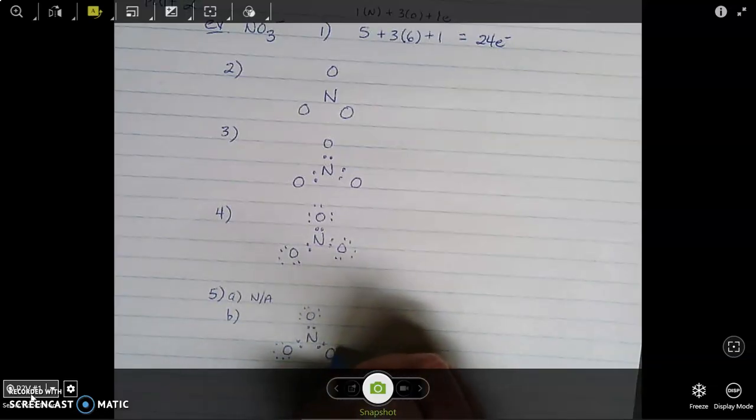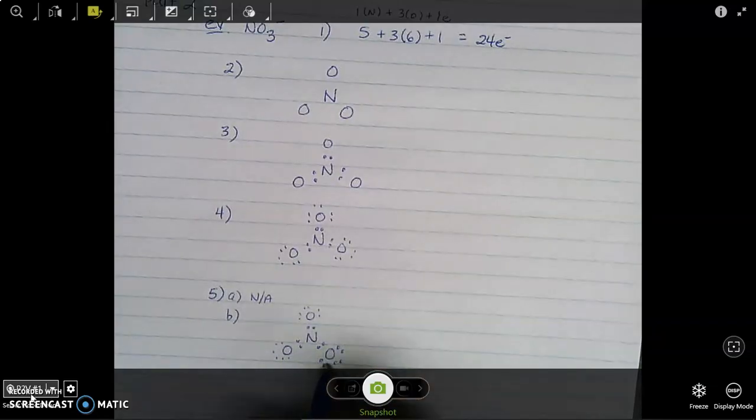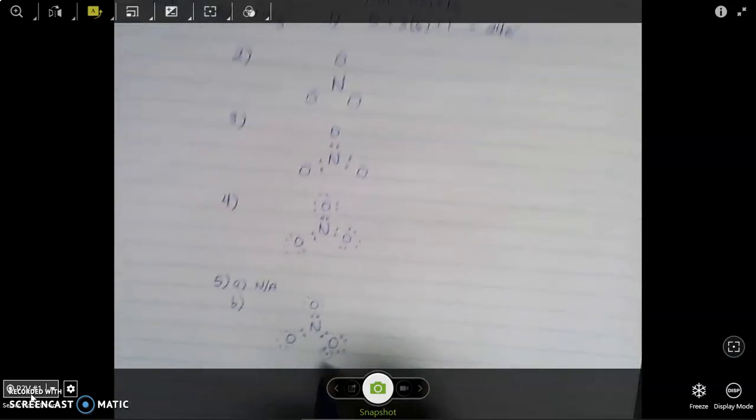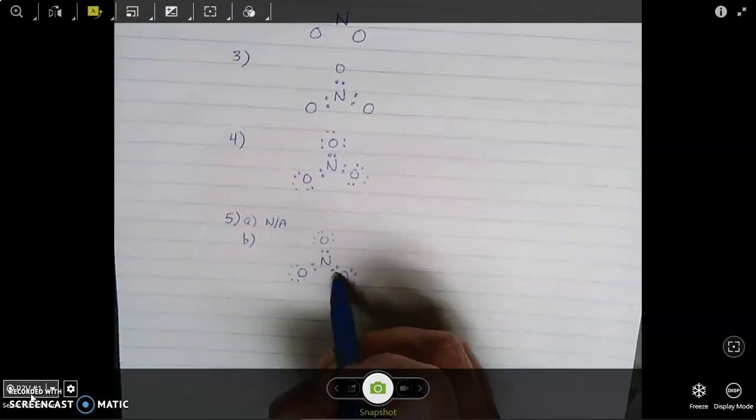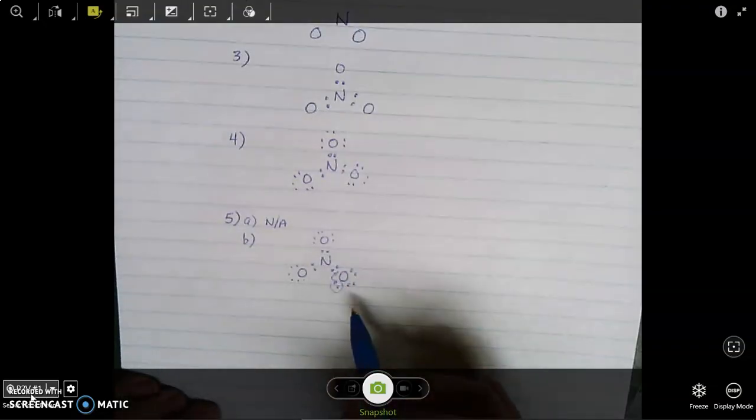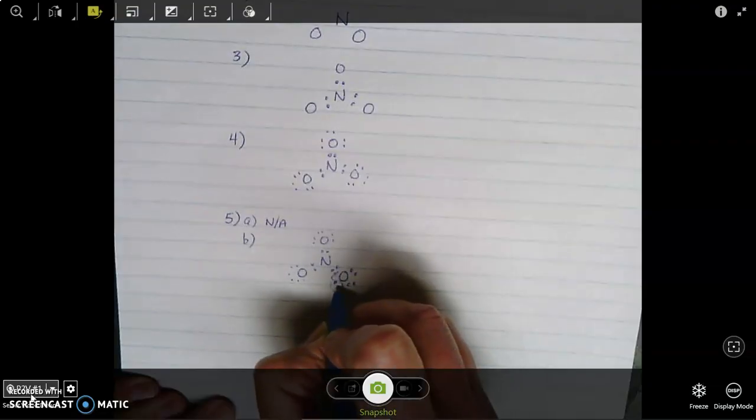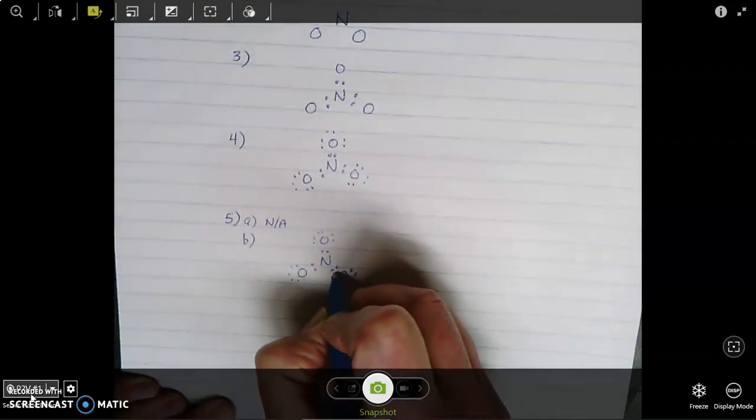And I can pick one of my oxygens and I can say I will move a pair of electrons from this position. I will shift it in between the nitrogen and the oxygen, and in so doing I will form a double bond. Okay, I hope that that's clear enough for you to see.